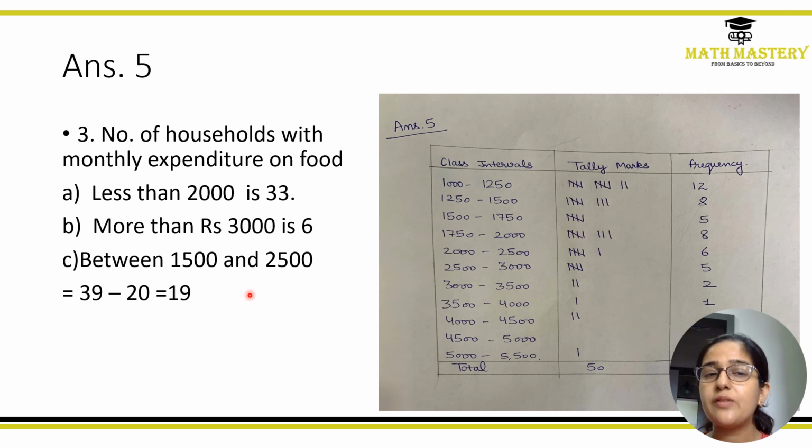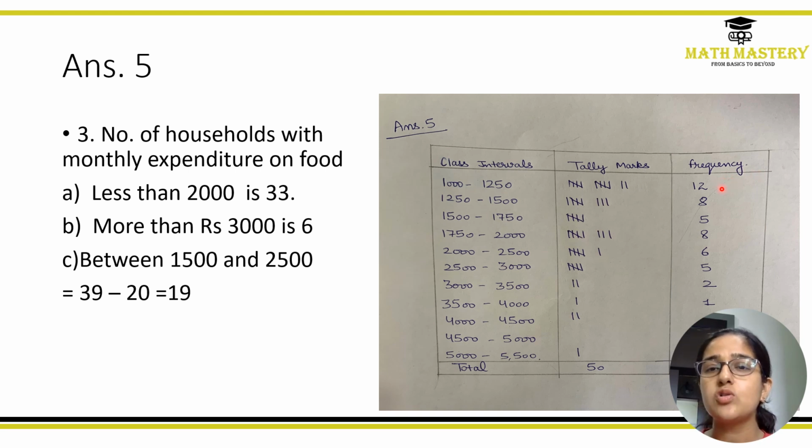Third part, between 1500 and 2500. In order to know the number of households whose monthly expenditure is between rupees 1500 and rupees 2500, we first calculate the number of households whose expenditure is till 2500 and the number whose expenditure is till 1500. The number till 2500 minus the number till 1500 gives the value between 1500 and 2500.